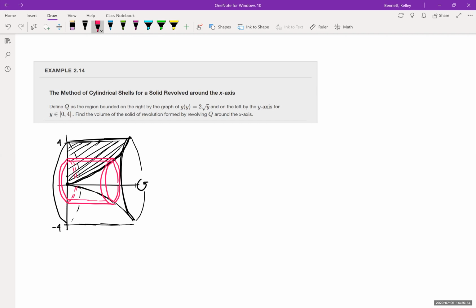Now I want to figure out what the volume of that particular cylinder is. Again, you don't have to draw the whole solid. You can just draw the cylinder within and go from there. I like to be a little more judicious with my volume calculation, so I like to redraw the cylinder. So we're just going to have this little cylinder here.